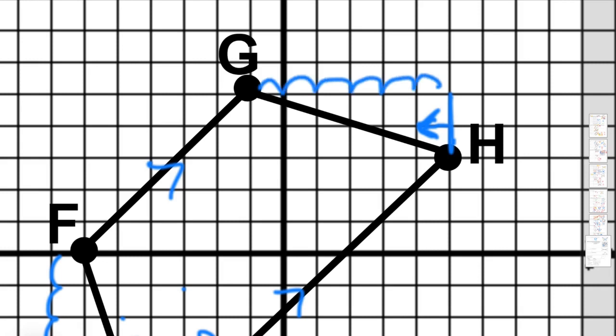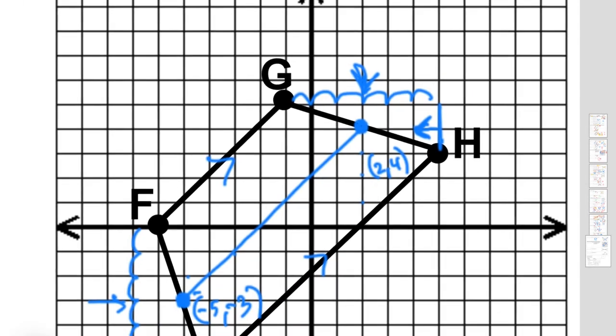Half of that is 3. So we're looking on this line, bring them together, and we get the midpoint of GH, which is located at 2, 4.